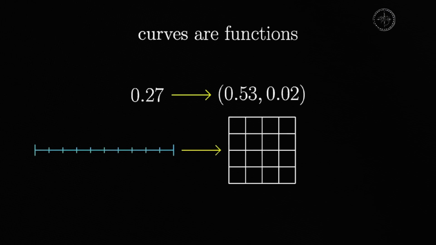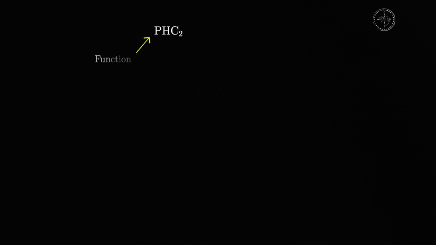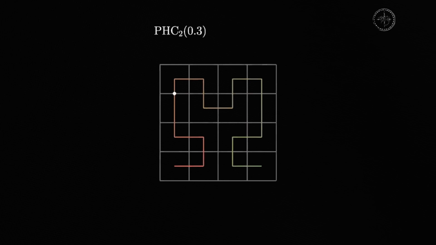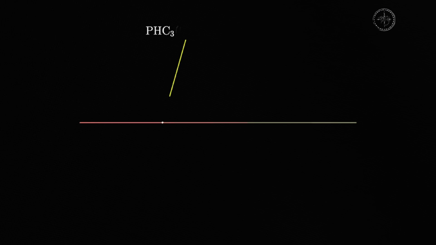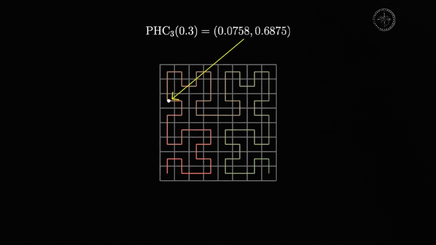But in principle, it's just an association between a single number and pairs of numbers. For example, an order 2 pseudo-Hilbert curve, as a function, maps the input 0.3 to the output pair 0.125, 0.75. An order 3 pseudo-Hilbert curve maps that same input 0.3 to the output pair 0.0758, 0.6875.